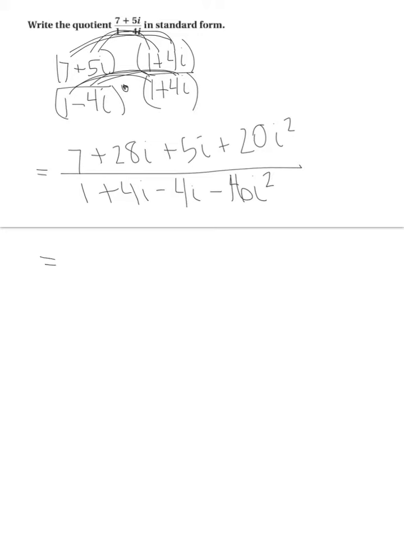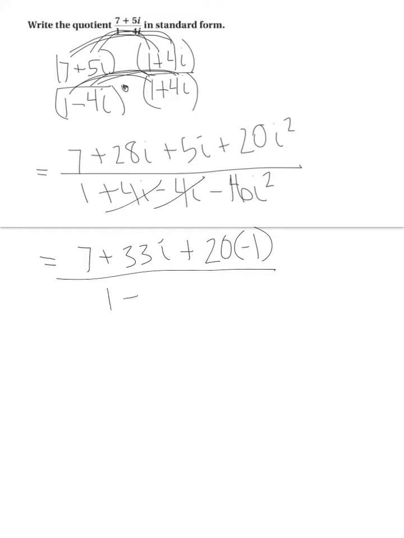And we'll continue to simplify, so we'll get 7 plus 33i plus 20, and i squared is negative 1, so 20 times negative 1. And in our denominator, our 4i's canceled out, and we were left with 1 minus 16 times negative 1. Negative 1 again was i squared.